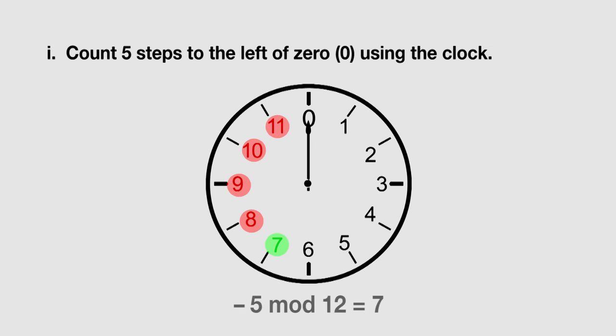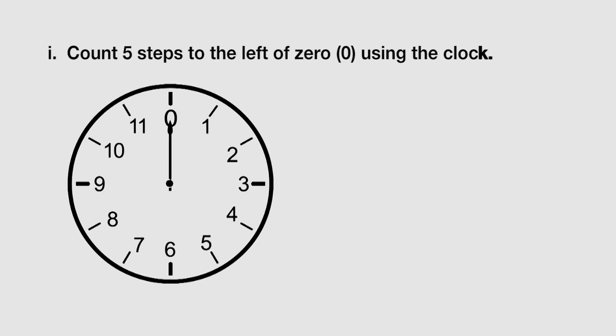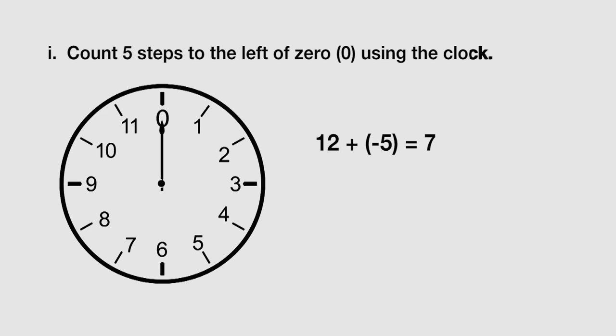This means that negative 5 mod 12 is equal to 7. Remember that on the clock, 12 and 0 are the same point. Therefore, 12 plus negative 5 is giving us 7.